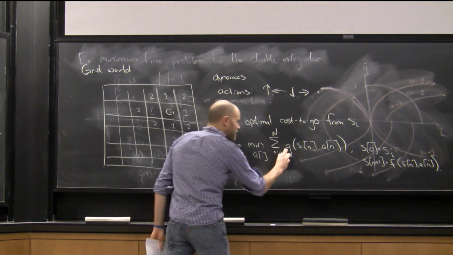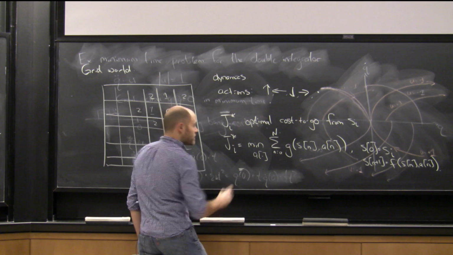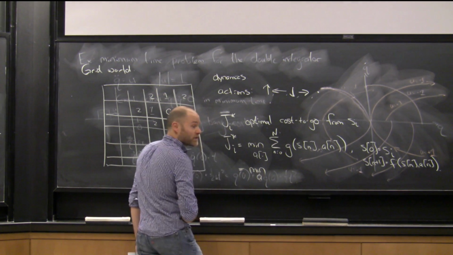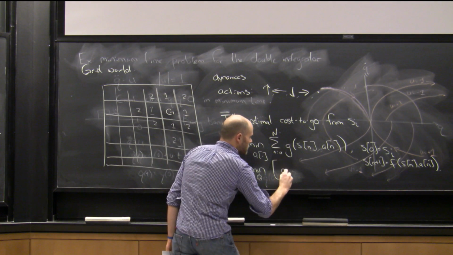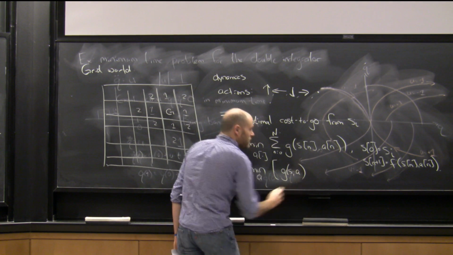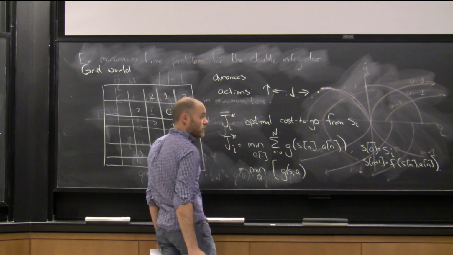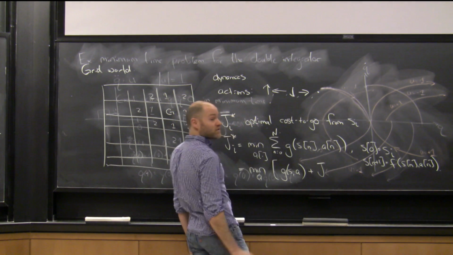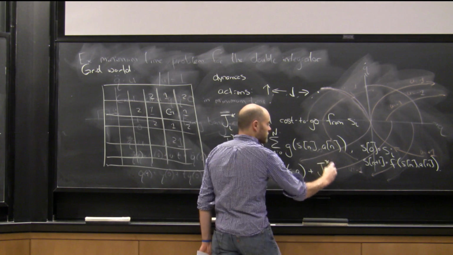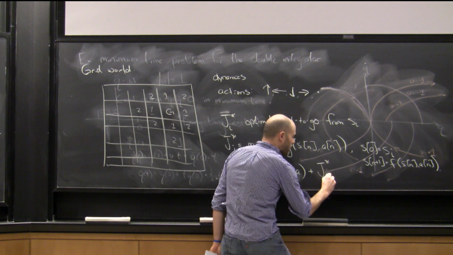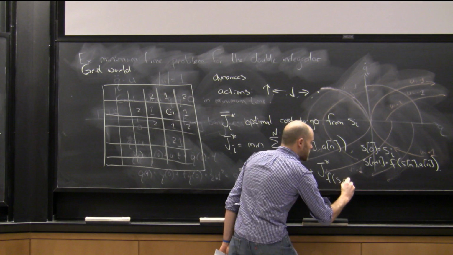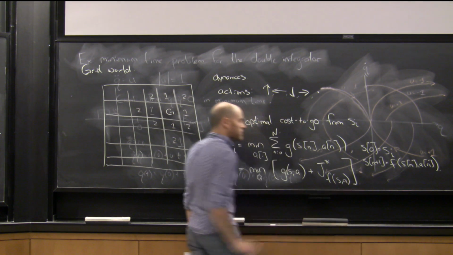The magic of the additive form is that I can also write this recursively as the minimum over an immediate action A of taking that action immediately. I get a one-step cost, and then I get the optimal cost to go of wherever I landed. So my index was on the subscript here, so I'm going to write it like this, okay?